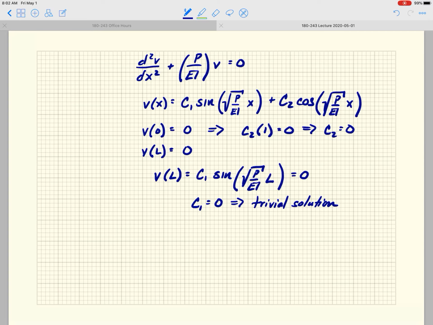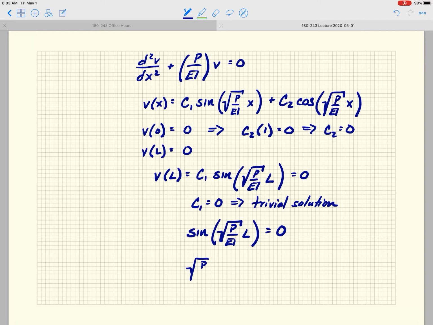The other solution that is more interesting is when the displacement is not 0. So C1 is not 0, which means that the sine of the square root of P over EI times L has to equal 0. And when does that equal 0?